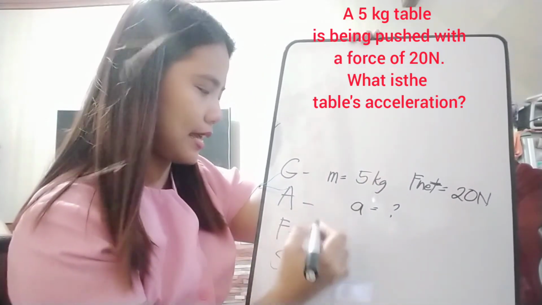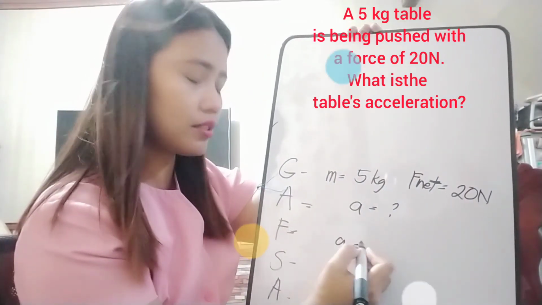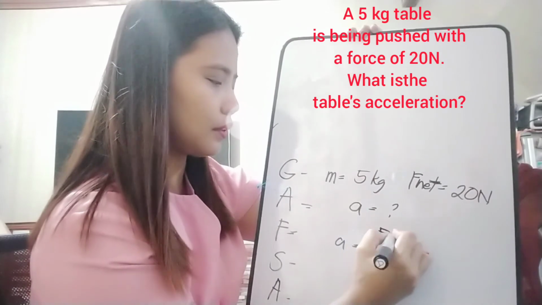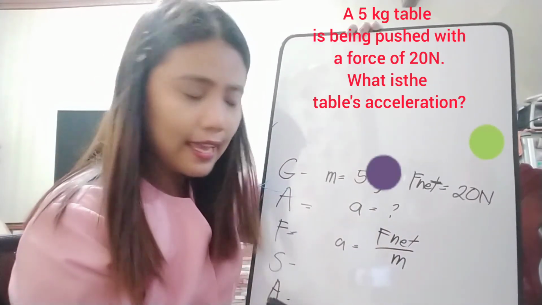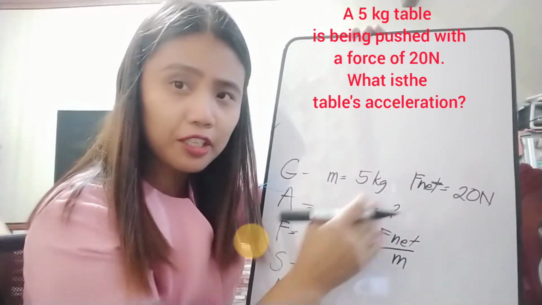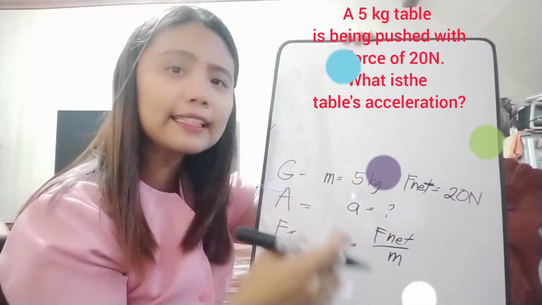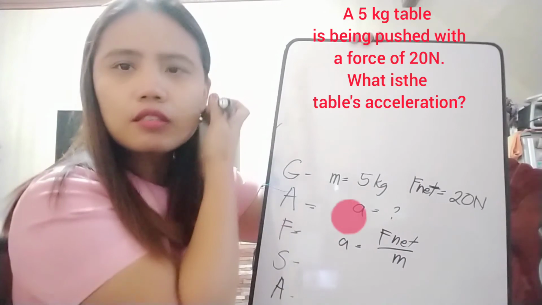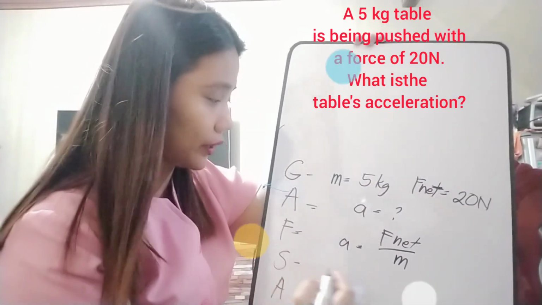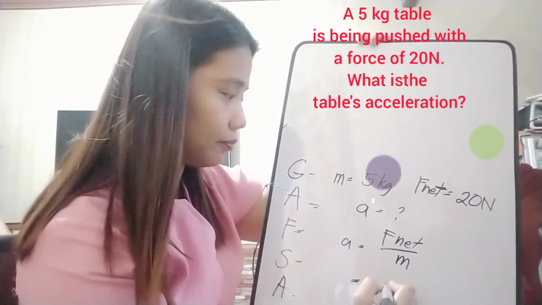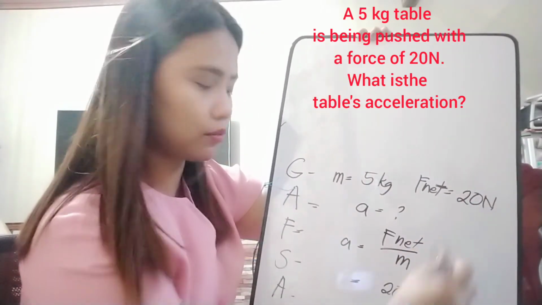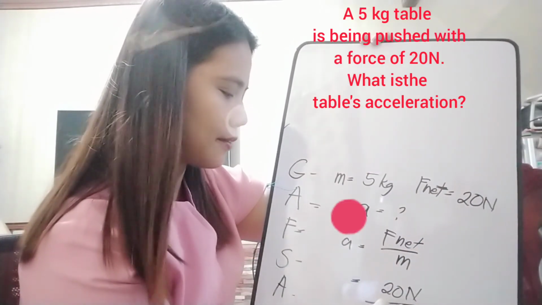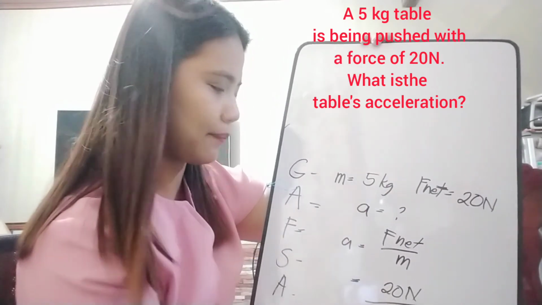Then, our formula is acceleration is equal to net force divided by mass. Again, net force refers to the sum of all forces acting on the object. So, we will replace it with our given. So, we have 20 Newton, that is the net force, divided by 5 kilogram.